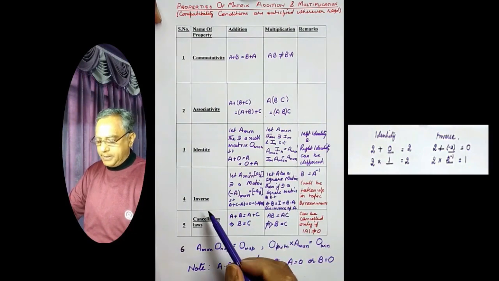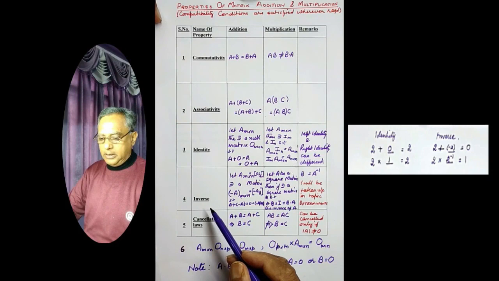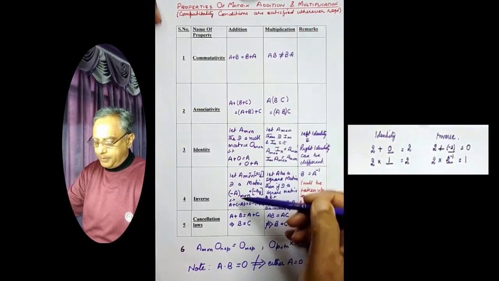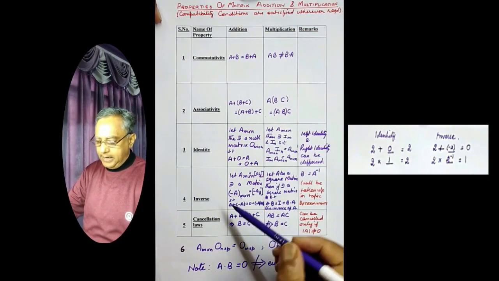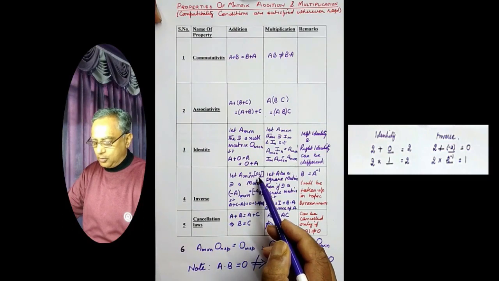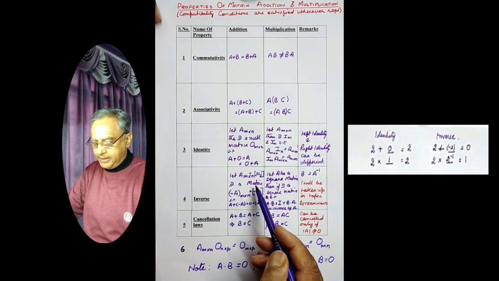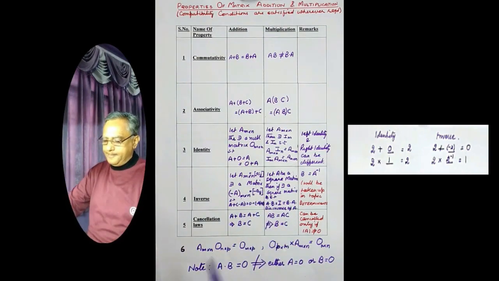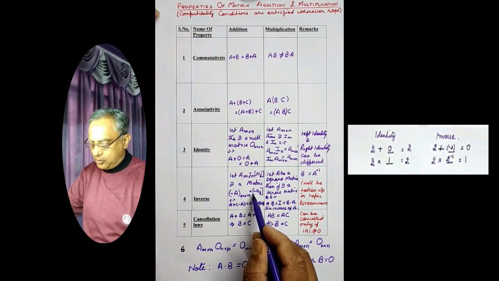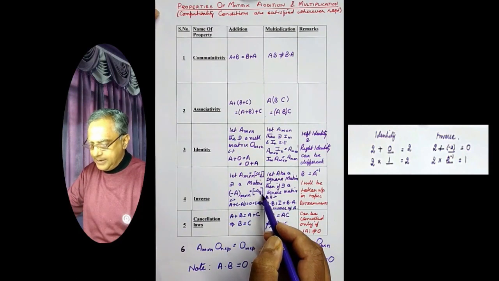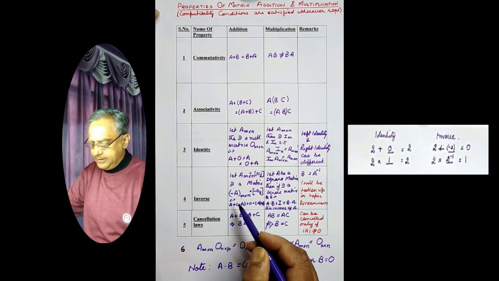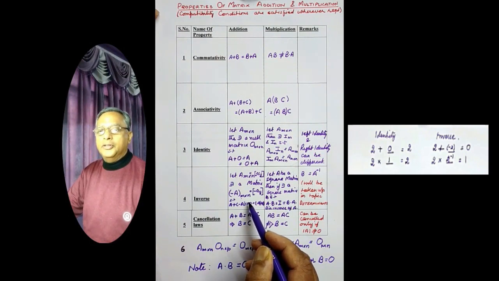Now the next property is inverse. If addition is the operation, then let A n cross n be equal to a_ij n cross n. Then there exists a matrix minus A n cross n equal to minus a_ij n cross n, such that A plus minus A is 0.